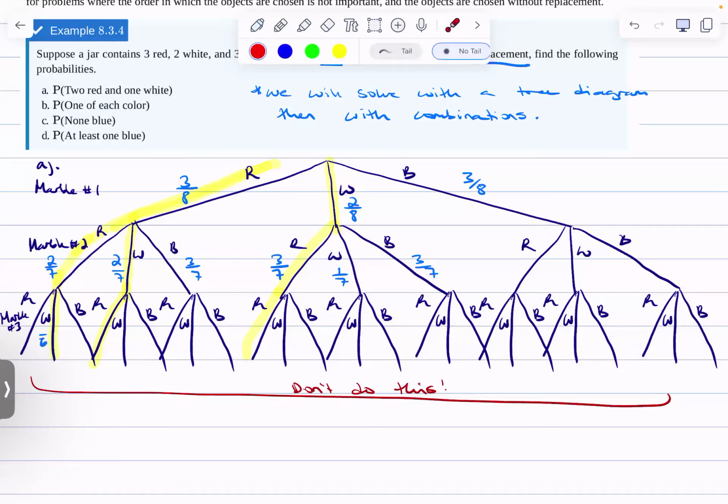And if I've drawn 2 red ones already, then I still have 2 white ones. For the next set of branches, the red, white, and red. If I have drawn a red already, then I only have 2 red ones left, 2 out of 6. And for the last one that I need, a white one, a red one, and a red one, which means I only have 2 out of 6 red ones left.